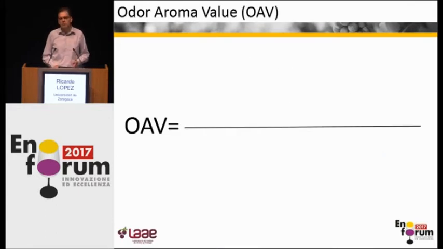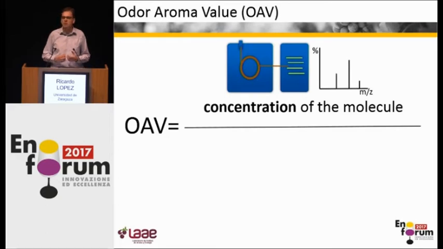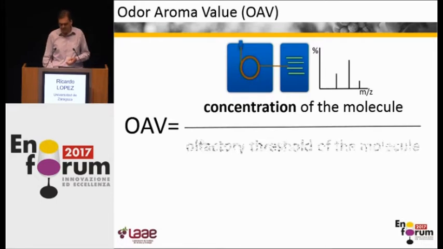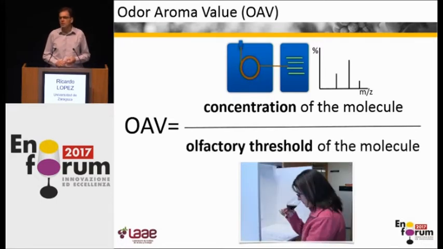So let me remind you of the concept of odor activity value. Odor activity value, or OAV, is defined as the ratio between the concentration of the molecule that we obtain by these analytical methods and the olfactory threshold of that molecule in wine.